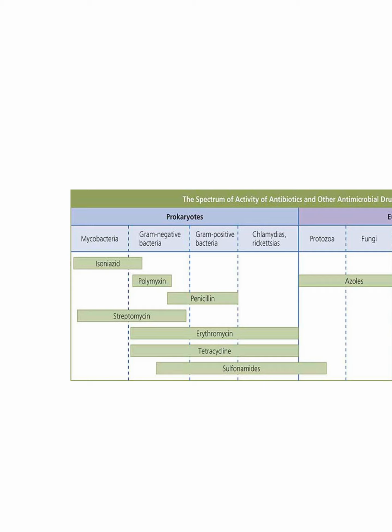Streptomycin, which is a type of aminoglycoside targeting the 30S subunit, is relatively good at selecting for gram-negative bacteria and also certain mycobacteria, but is not good at all at targeting gram-positive bacteria.